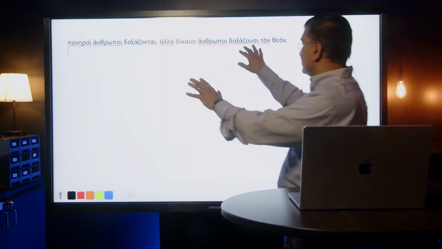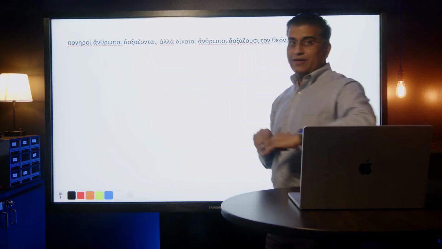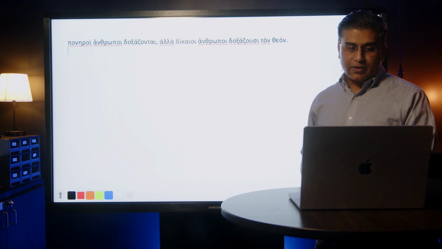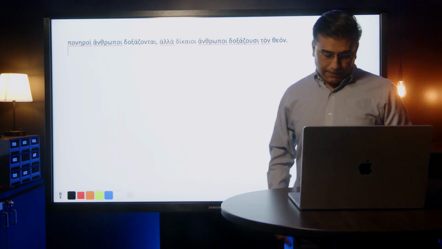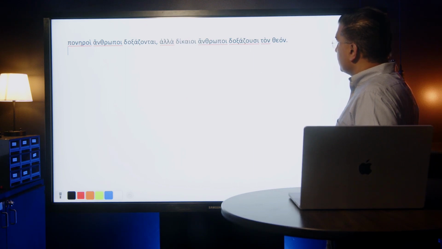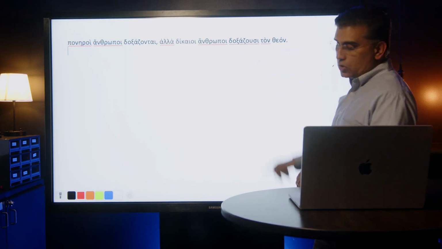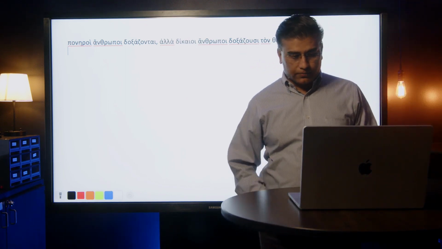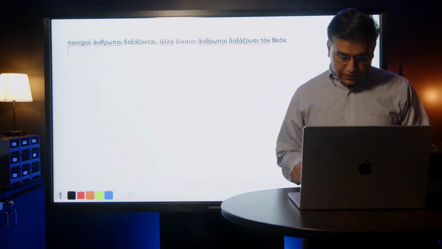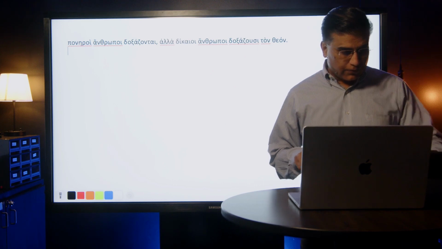Okay, there's two different things that are happening here. Okay, same kind of words are coming, but different meanings there. Doxazousi ton theon. So let's begin with that one first.